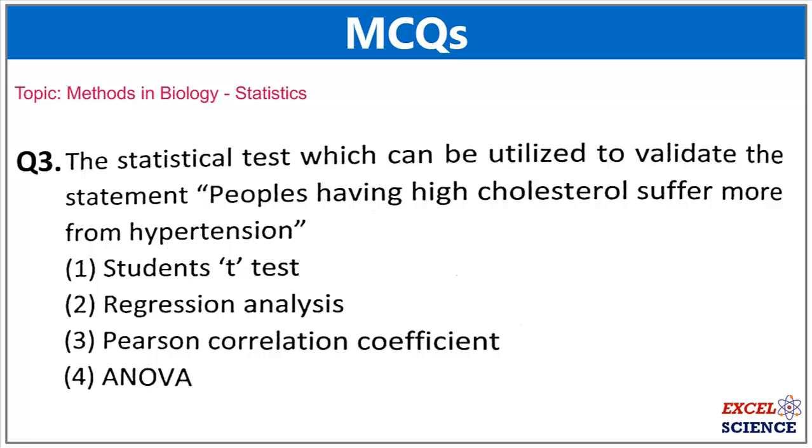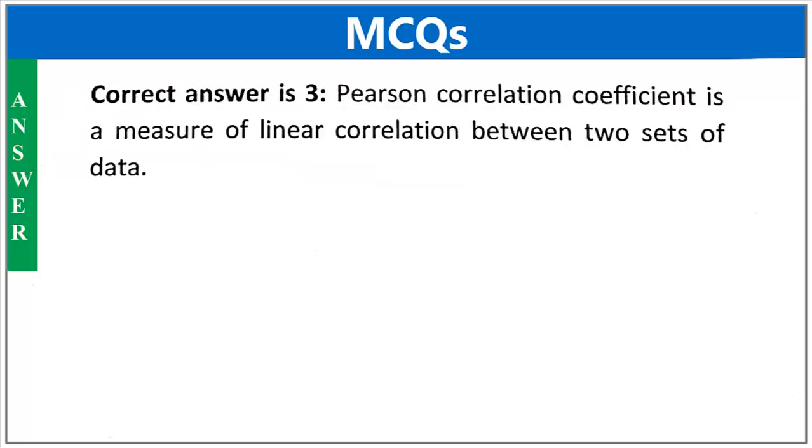Next, the statistical test which can be utilized to validate the statement, people having high cholesterol suffer more from hypertension. So in this case, the answer is Pearson correlation coefficient. The Pearson correlation coefficient is a measure of linear correlation between two sets of data.